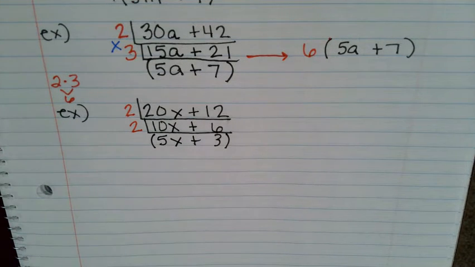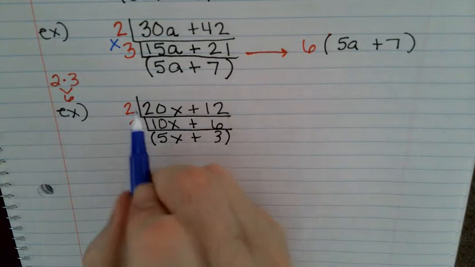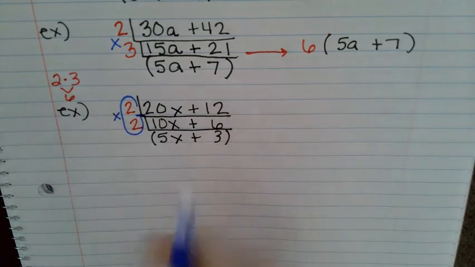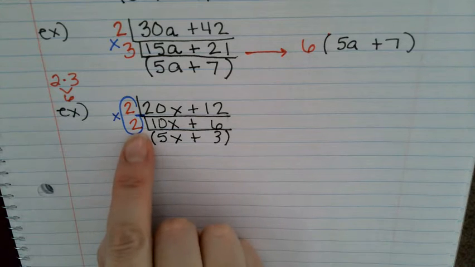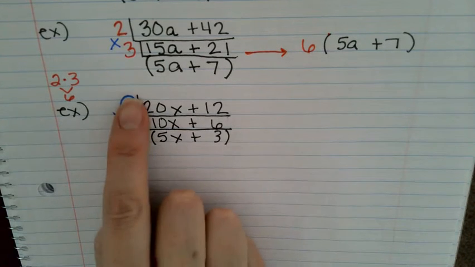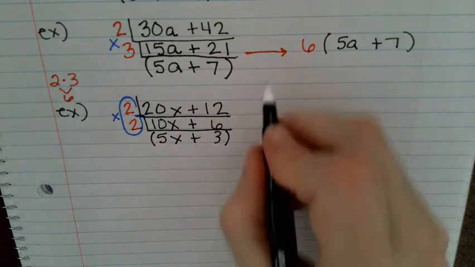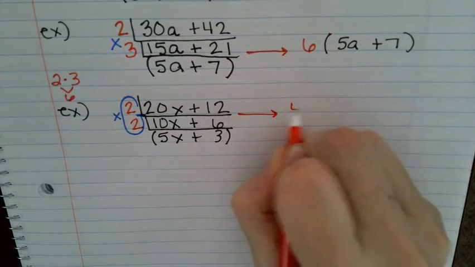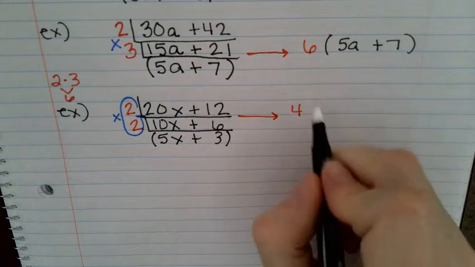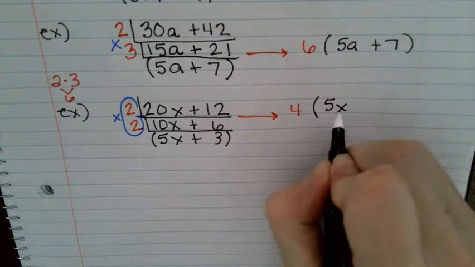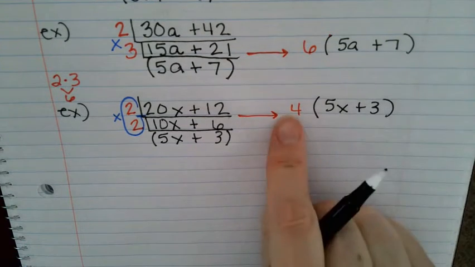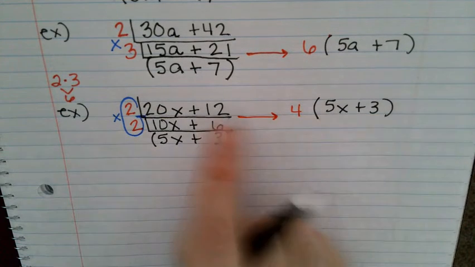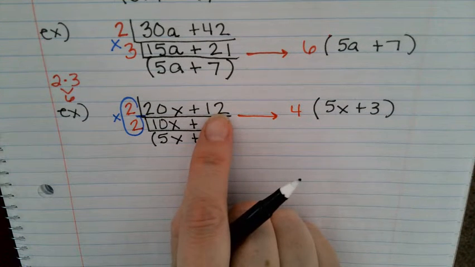And remember, on the outside, one thing that some people like to do is draw a G out here, because this is the greatest common factor. And I know I have to multiply 2 times 2. 2 times 2 is 4, so that means when I rewrite this, I have 4 groups of 5x plus 3. 4 times 5x is 20x, which is what I started with, and 4 times 3 is 12, which is what I started with.